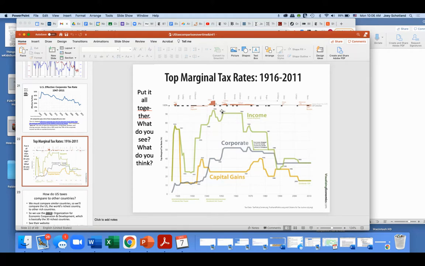So have top income taxes on the richest Americans gone up, gone down, or stayed the same? What about corporate taxes? Have they gone up, gone down, or stayed the same? And what about the capital gains tax on stocks and bonds profit? Has that gone up, down, or stayed the same?